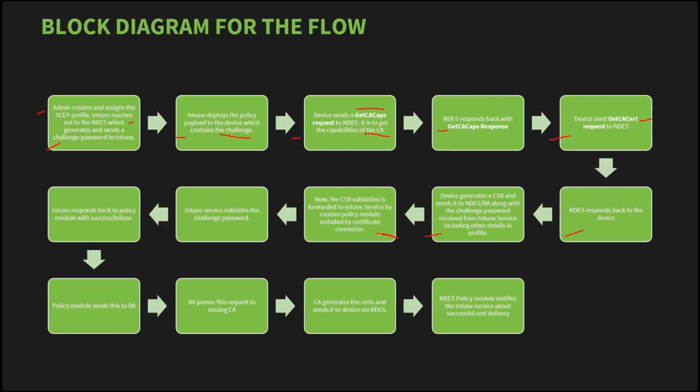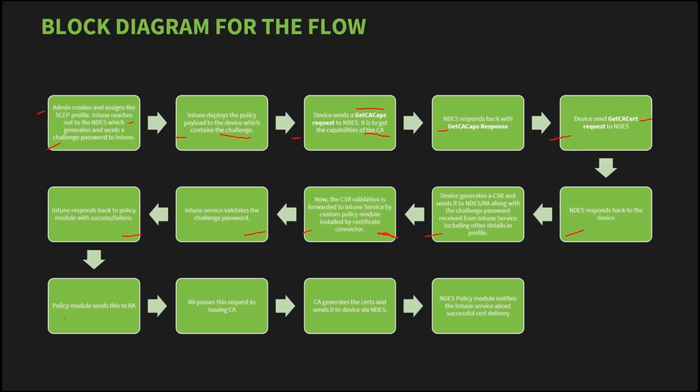The CSR is received by the NDES server, and for validation, it is forwarded to the policy module. The policy module got installed in the NDES server when we installed the unified connector. Now, the policy module forwards the request to the Intune service for challenge validation. The Intune service validates the challenge, and then it responds back to the policy module with a success or a failure result.